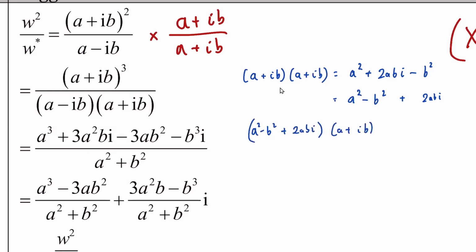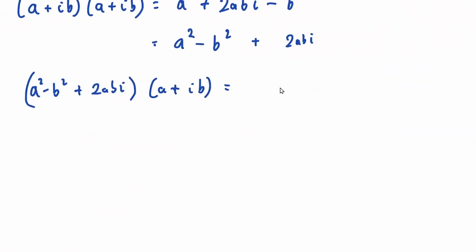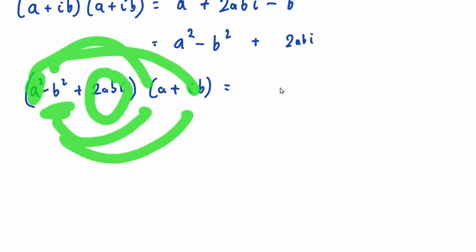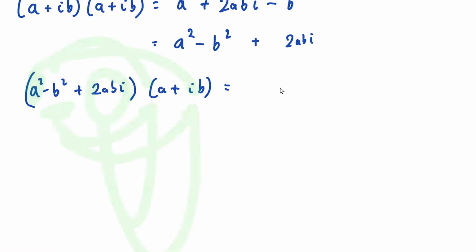Is that what you do? Then I'm trying to follow your pattern. Then you get A times A squared minus B. Wow, then I get very confused already. Usually how I like to do it is I take the first term and multiply everything else, take the second term and multiply everything else, take the third term and multiply everything else.